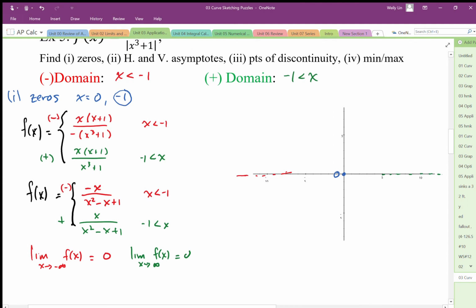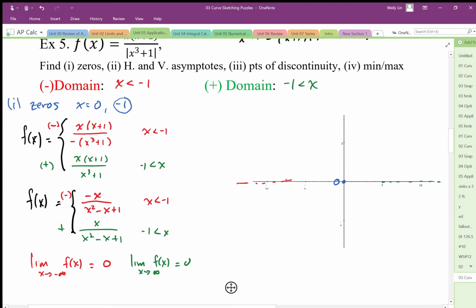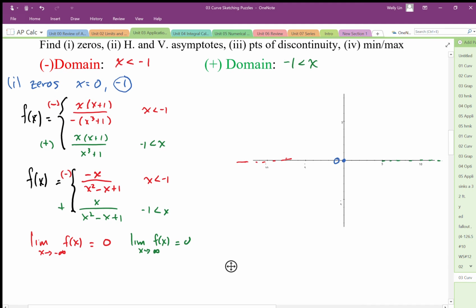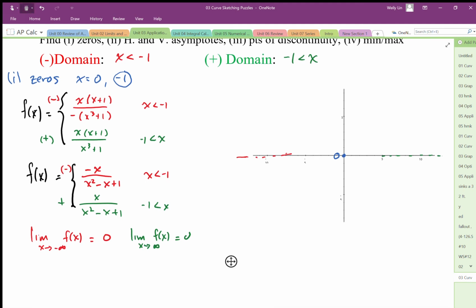Okay, so let's just check our continuity now. We have to check our continuity at x equals -1. I'm going to do that with a limit, but we can just plug in. Basically, at x equals -1, we're going to get 1 divided by 1 minus 1 plus 1, 1 over, we're going to get 1/3.